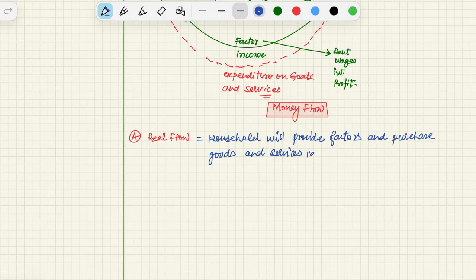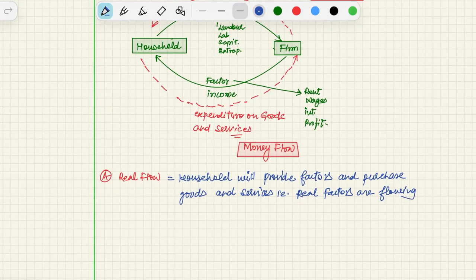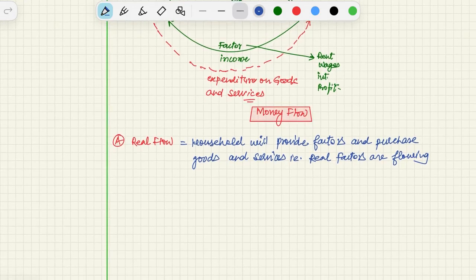That is, real factors are flowing from household to the firm. That is called the real flow.